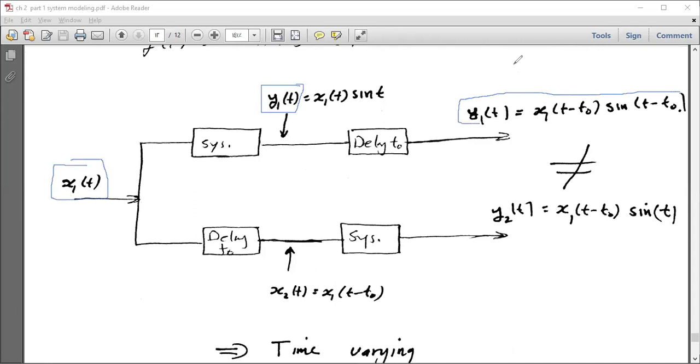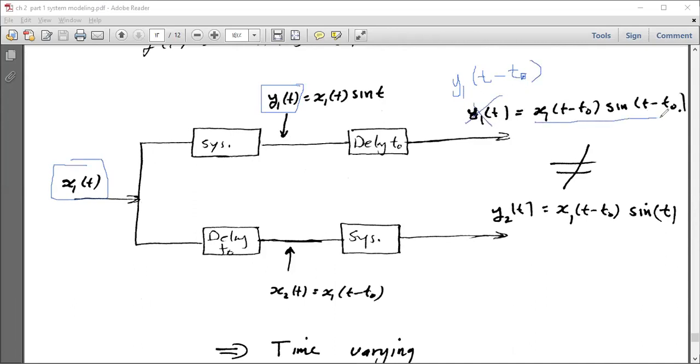Sorry, here's a mistake. This should be y1 of t minus t naught, not y1 of t.